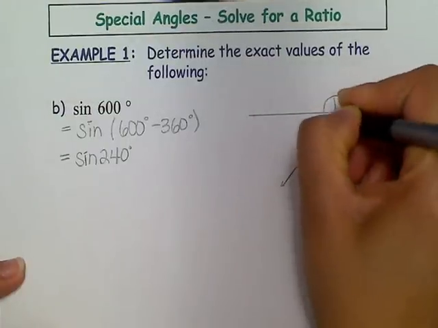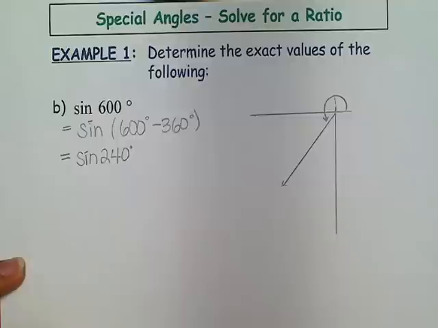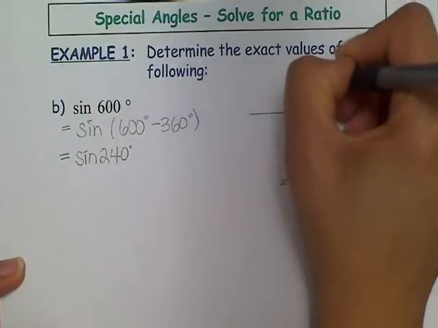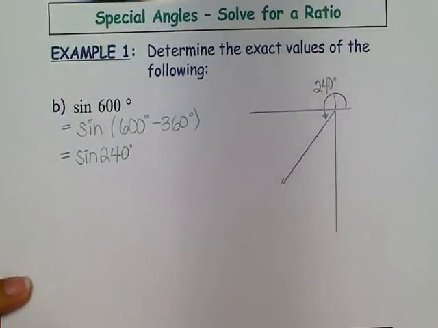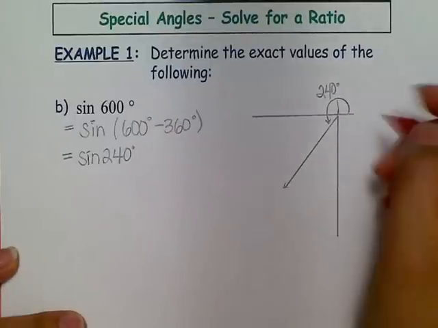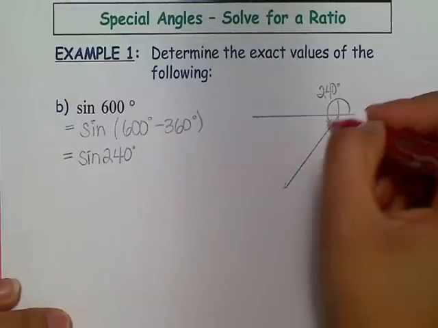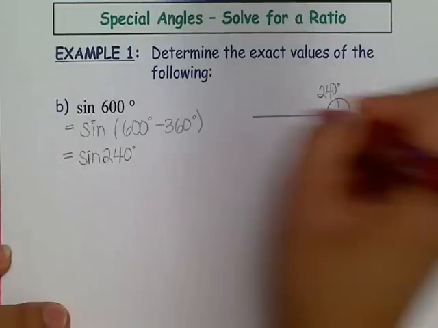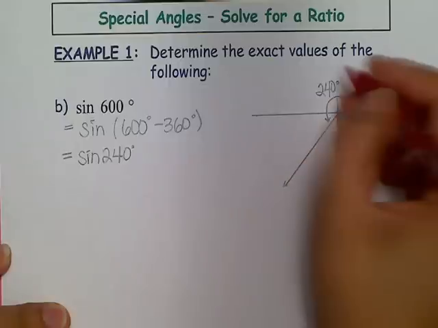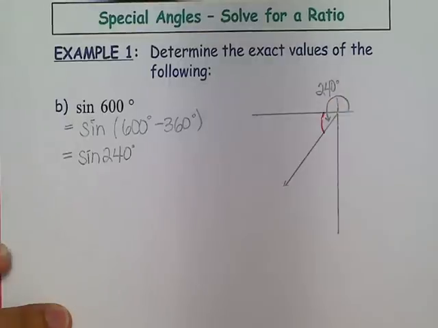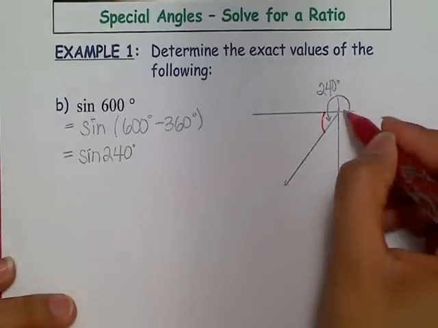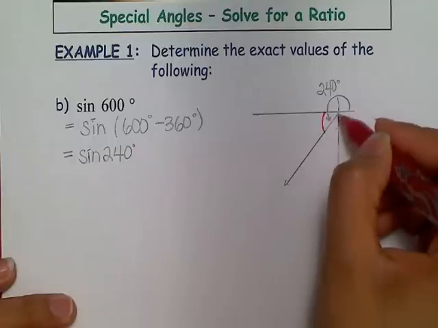And there we go. And so here's my terminal arm. And this angle of rotation from the positive x-axis to the terminal arm is equal to 240 degrees. Now I need to find my related acute angle. And remember, your related acute angle is always the angle that's created between the x-axis and the terminal arm. So this is the angle here that I'm looking at.